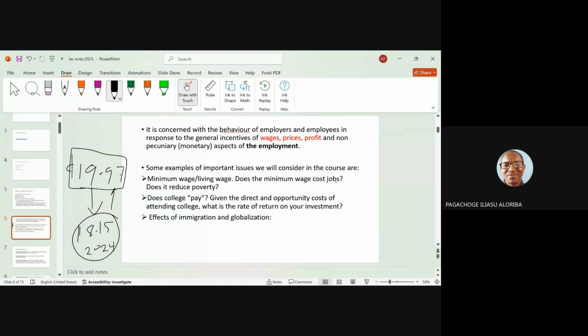Okay, I want to respond to the first question. I think that minimum wage costs jobs in the sense that, assuming I'm an employer and I want to employ 5 people to do a work for me, now because the minimum wage has been fixed at 19 cedis 97 pesos, I will look at my account as to whether if I employ these 5 people, I'll be able to pay all of them per day.